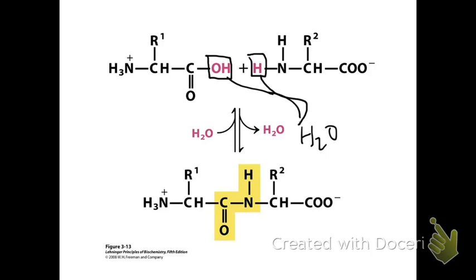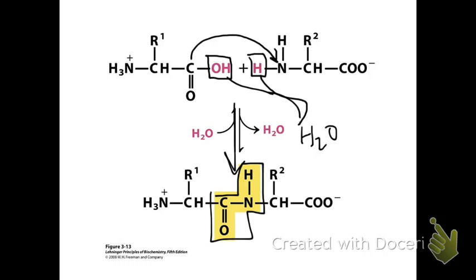And then that creates this and this forming a bond with each other, which results in our peptide bond that we see there. Again, that is a condensation reaction. We lose water in the process of linking our 2 amino acids together.